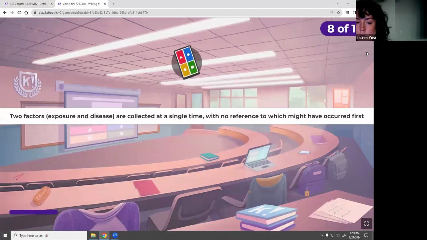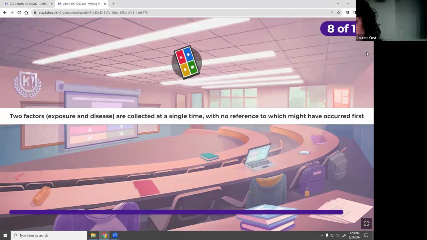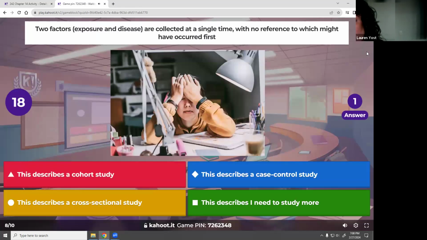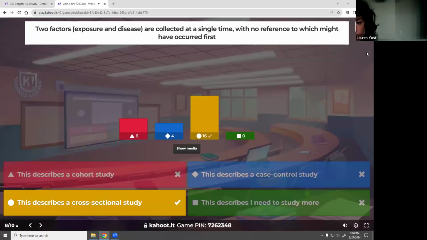Two factors, exposure and disease, are collected at a single time with no reference to which might have occurred first. We're looking at two factors at once, without looking at which happened first. Excellent. This is cross-sectional because you're looking in at just a piece of the thing.